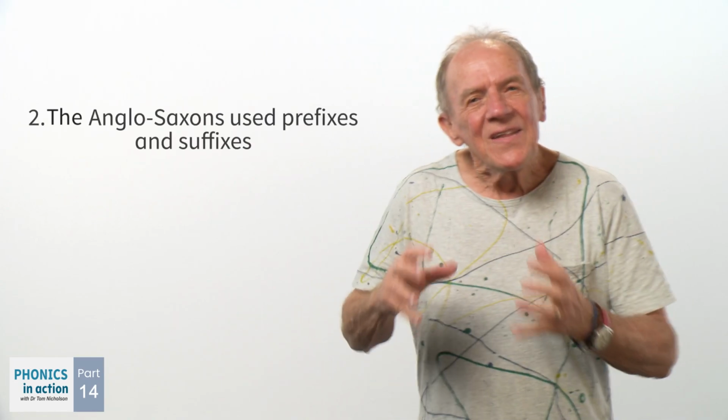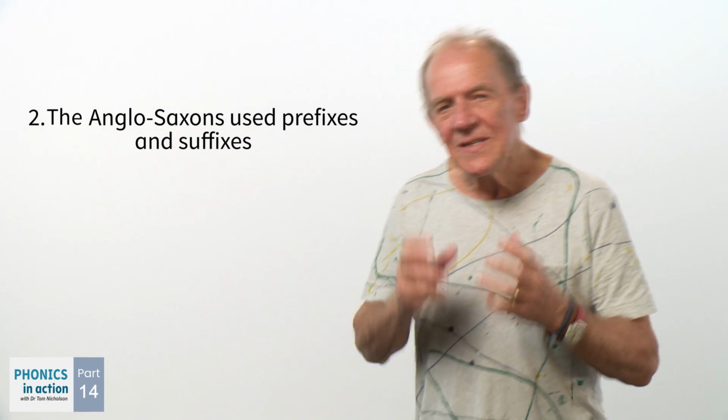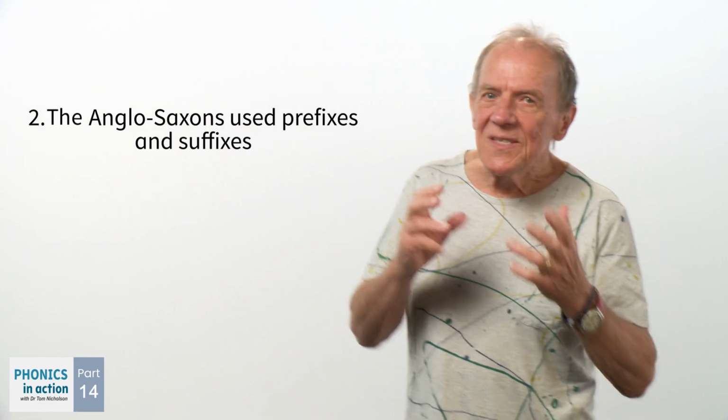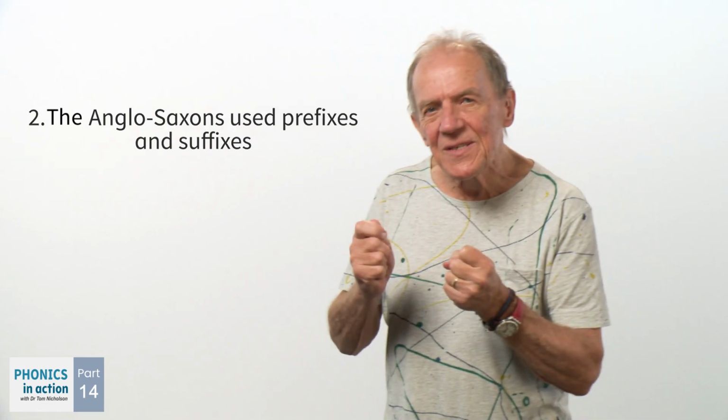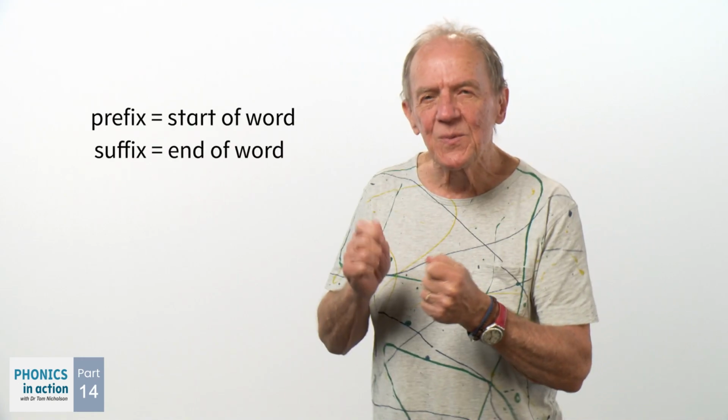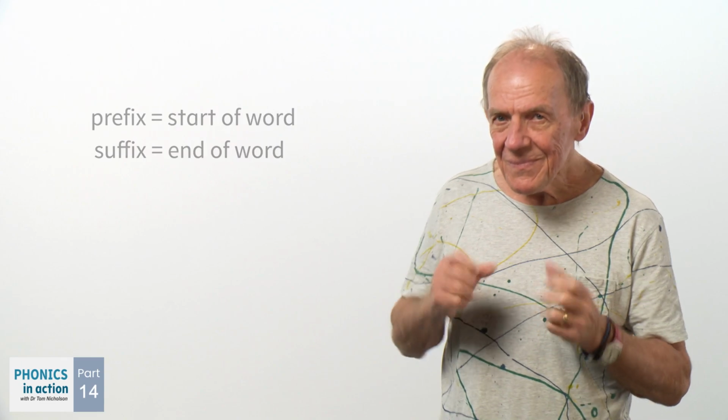The second way of making words, what the Anglo-Saxons did was they used prefixes and suffixes. So a prefix was at the start of the word and a suffix was at the end of the word. The prefixes and suffixes that they used are nowadays very common.